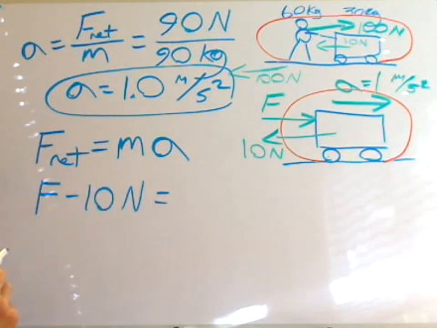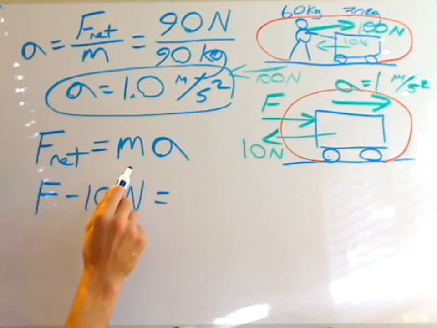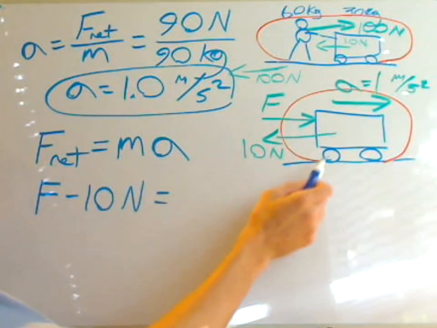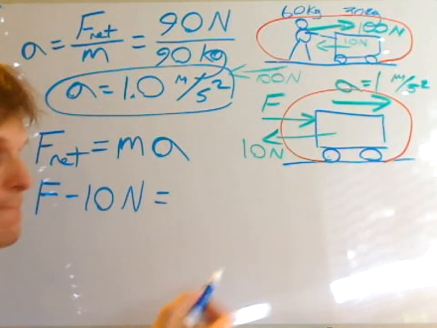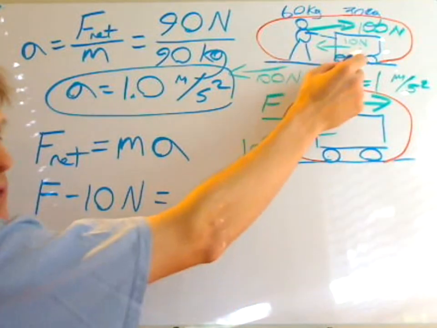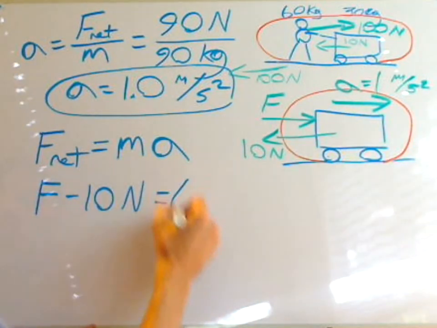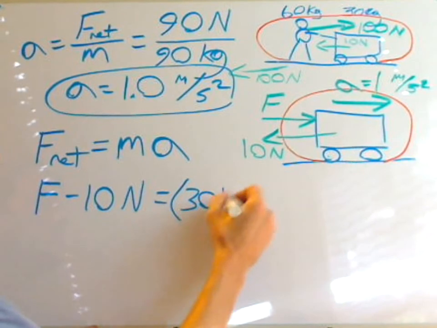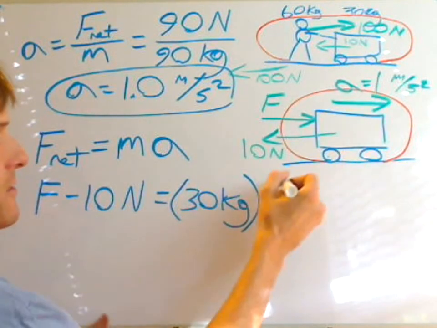Now the mass. Okay, we got to be careful what mass we use here. It's the mass of the system. The system now is just the cart. Okay? So the mass isn't the person plus the cart, it's just the cart now. That's our new system. So the mass then is 30 kilograms. And the acceleration is 1 meter per second squared.